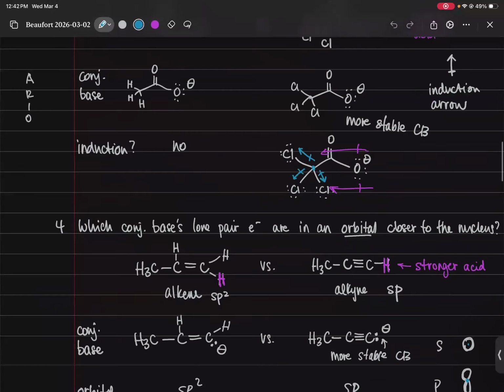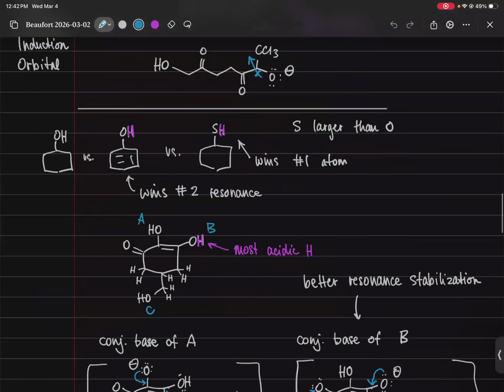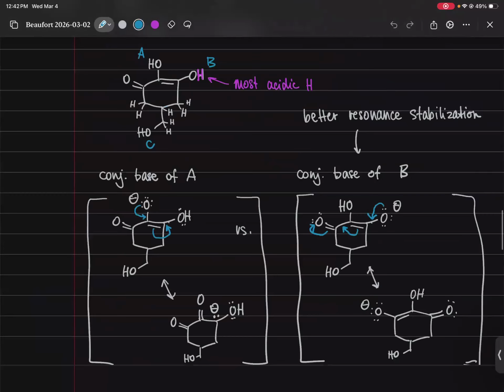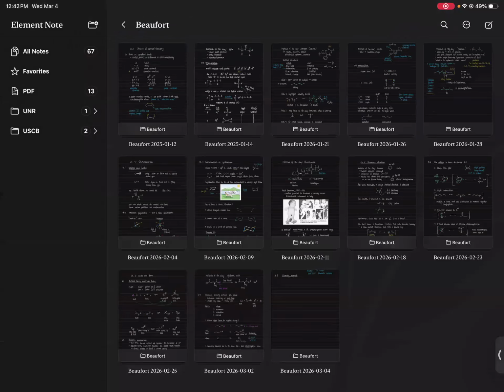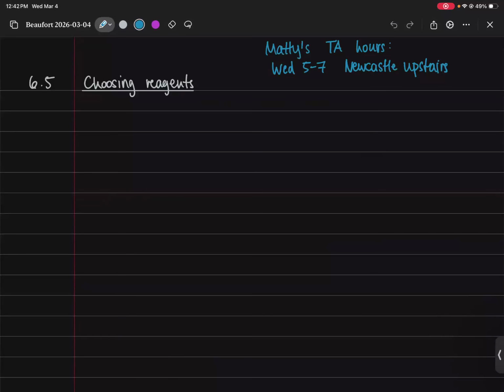We did REO, predicting the acidity of compounds without using pKa values. And so today we're going to talk about the practical application of that. So how do we pick specific acids and bases to use in our chemistry?